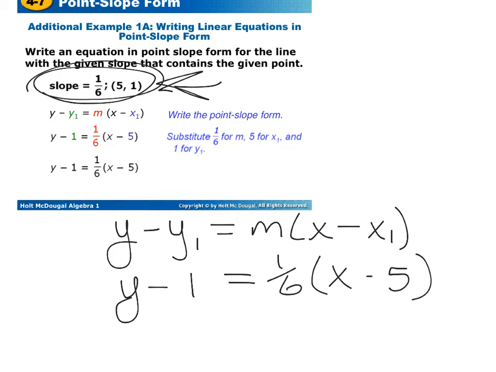And I'm done. So again, the slope is m, the 5 is x1, the 1 is y1. So when it says point slope, you take those 3 numbers and replace them and stop. It's that simple. Good so far? Anybody need the slide? Let's try another example.